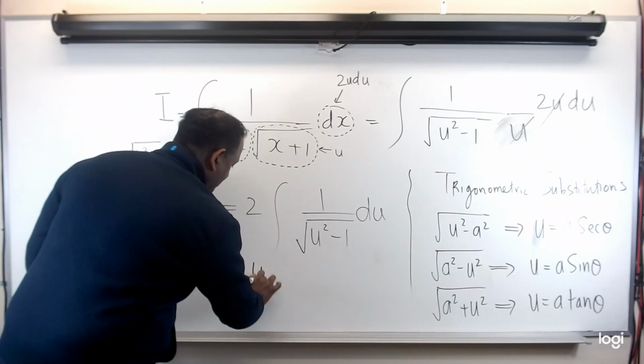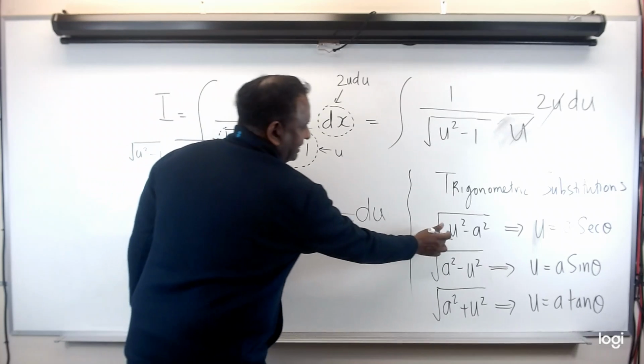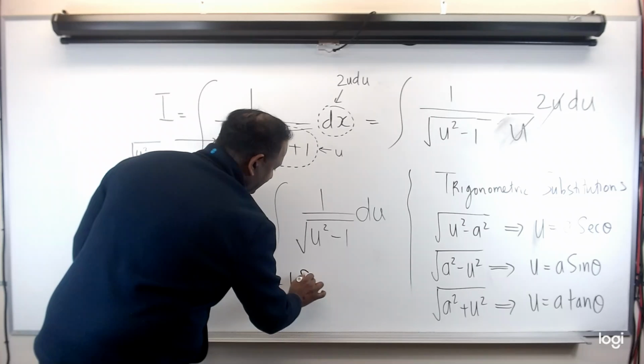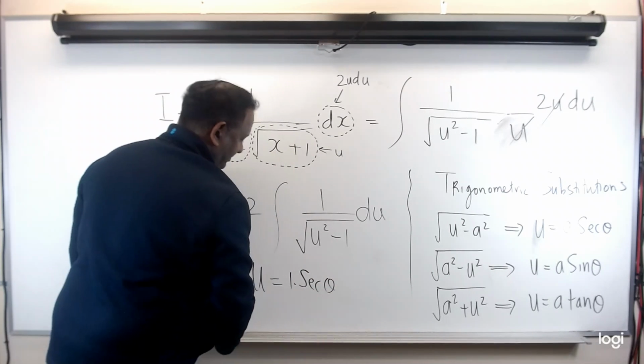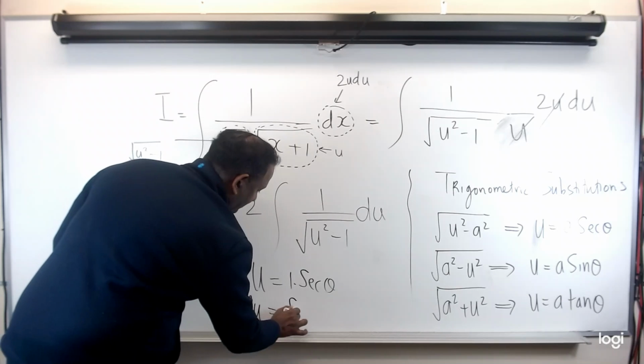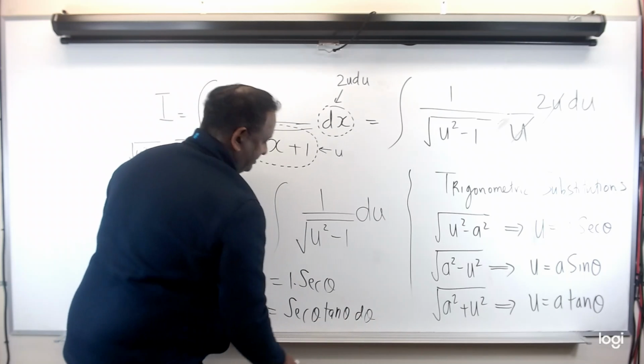Let u equal nothing but, a is 1 here, u squared minus a squared is u squared minus 1, you don't have to worry about 1, 1 times secant theta. See? Great. So then take the derivative. This one is going to be secant theta tan theta d theta.